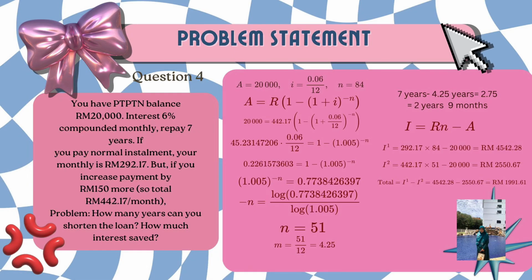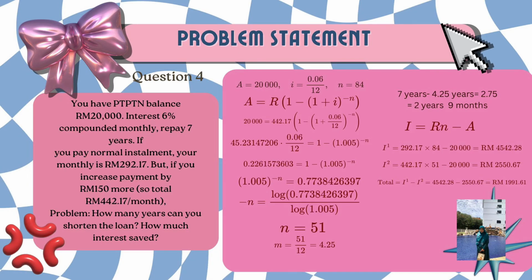So the next step is we need to move R2 to the left, and we need to solve the problem in the bracket 1 plus 0.06 divided by 12. So it will be 20,000 divided by 442 ringgit 70 cents equal to 1 minus bracket 1.005 bracket negative N bracket divided by 0.06 divided by 12.